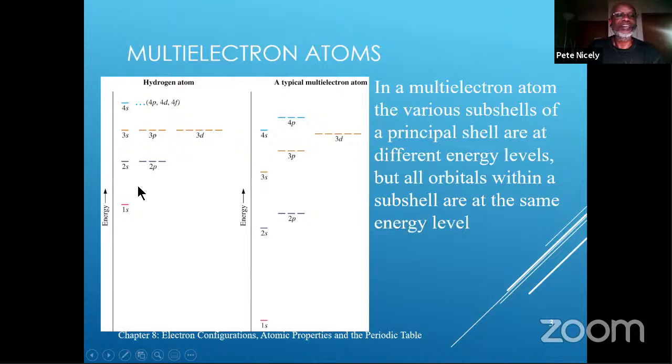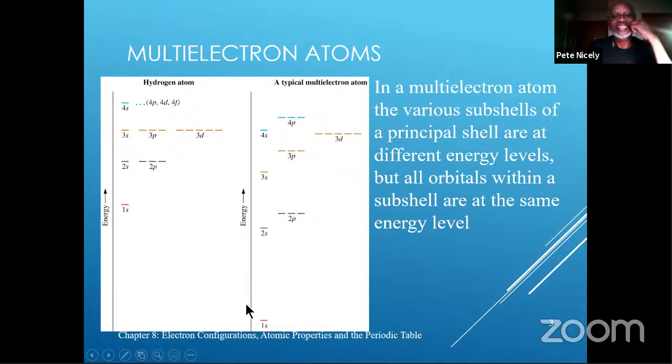So as we said before, you have the first shell, second shell, third shell, fourth shell, and what you'll notice is that within each shell, where you have different subshells, the subshells have the same energy. So you have the 2s and the 2p subshells, they have the same energy. The same is true for 3s, 3p, 3d, and then the same thing for 4s, 4p, 4d, 4f, and so on and so forth, right? So that is very simple, not a complicated situation when it comes to the hydrogen atom.